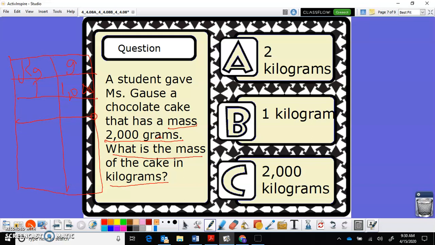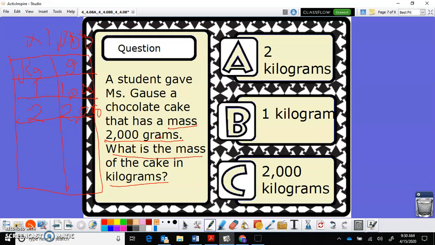All right. 2 kilograms. 2 times 1,000, because that's what we're multiplying. That's our numeric expression, times 1,000. 2 times 1,000 is equal to 2,000 grams. Okay.